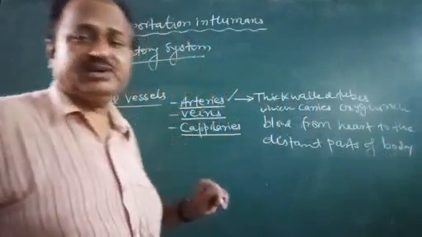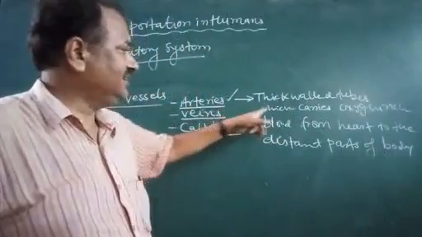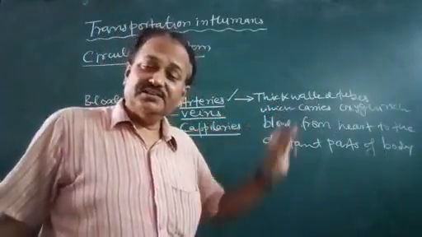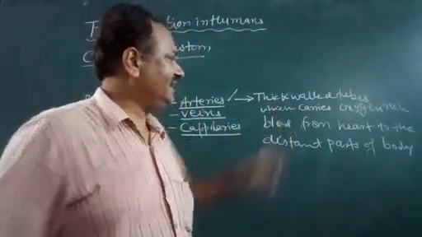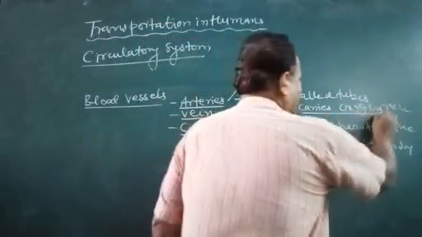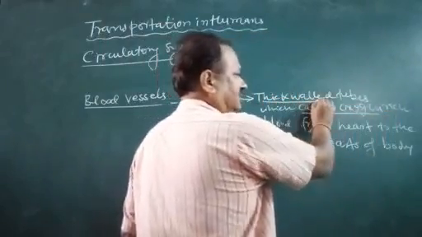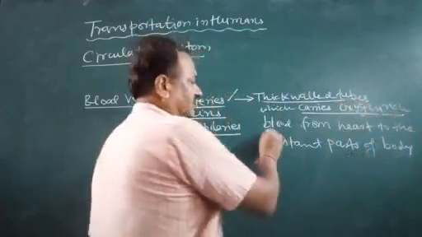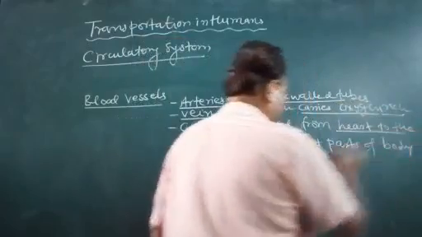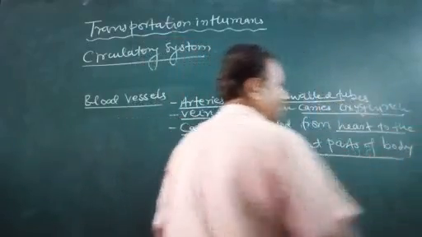So this is a very important part to note, that arteries are thick-walled. Their walls are thick, and they carry oxygen-rich blood from the heart to the distant parts of the body.